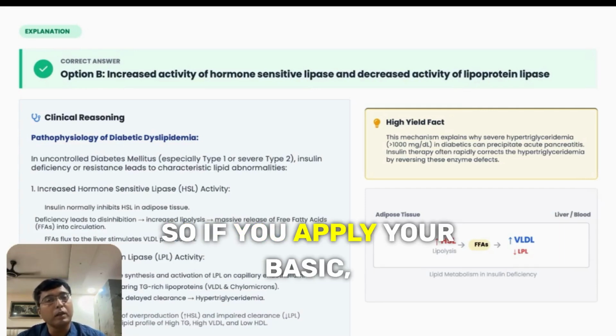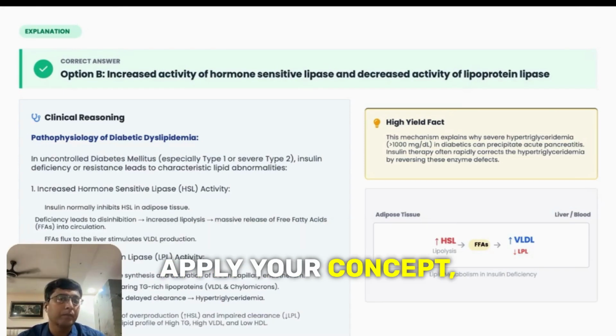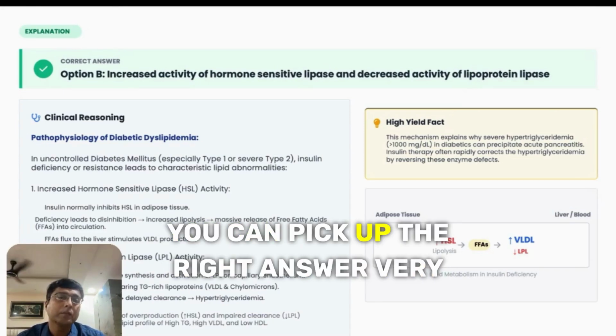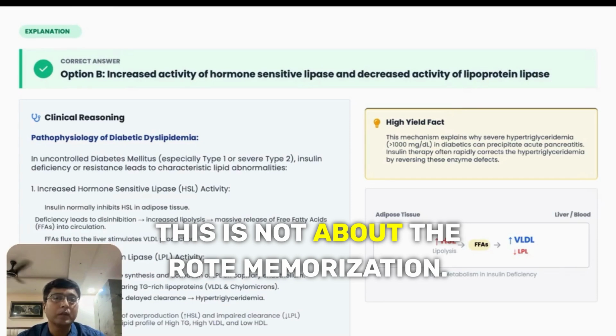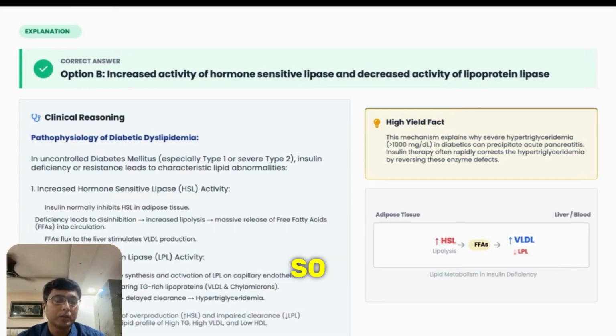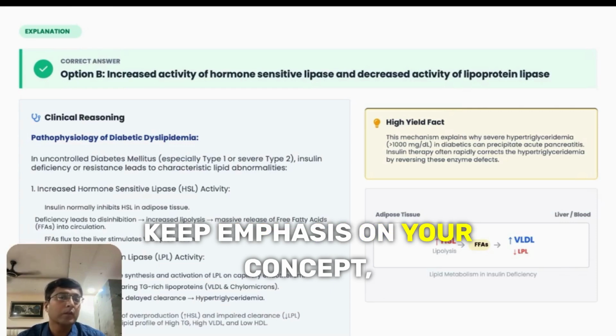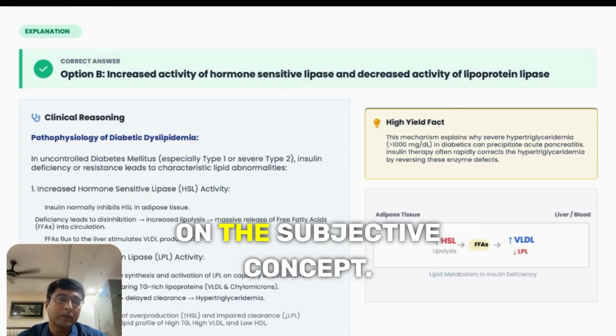So if you apply your basic concept, you can pick up the right answer very easily. This is not about rote memorization. So keep emphasis on your concept.